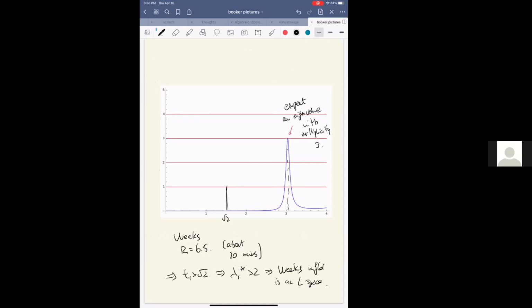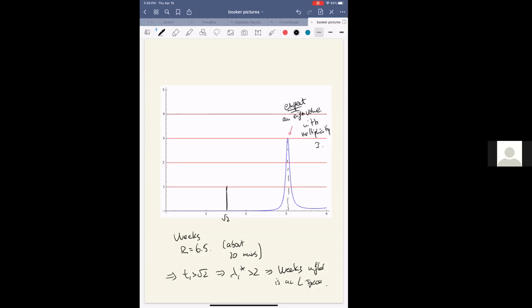No, this is not a proof. It's a suggestion that there should be an eigenvalue there. It's a proof that there's no eigenvalue less than 2, but it's not a proof that there is an eigenvalue with multiplicity 3 there. Okay, thank you. That's a good point. That's why I say we expect.